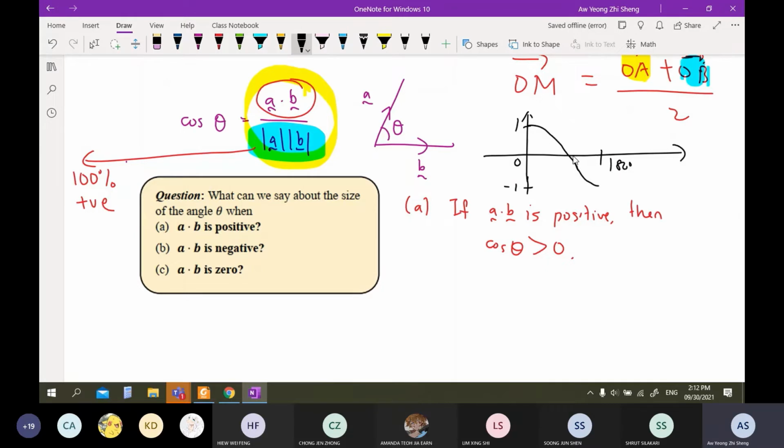This is 180 degrees. So if cos theta is positive, that means you consider this section of the graph. Then the angles that you will get will be from 0 to 90, including 0, not including 90.